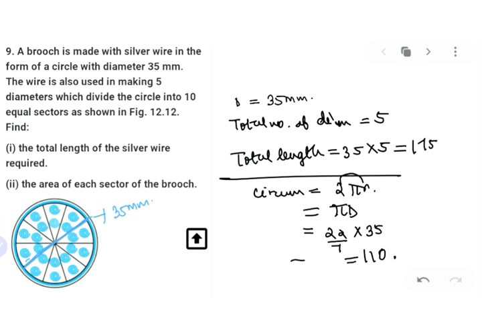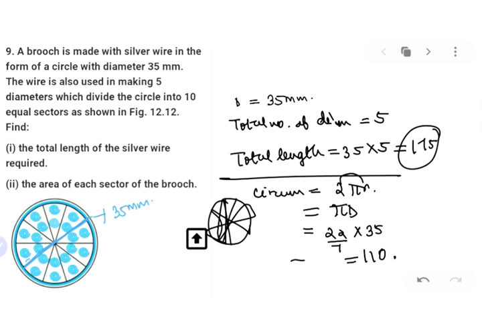One circle is 110, and then you have 175, those are the 5 diameters used. So how much is the total wire? The wire has gone around the circle once and around 5 diameters. So that is 175. So the total wire is one circle and 5 diameters, 1 2 3 4 5.